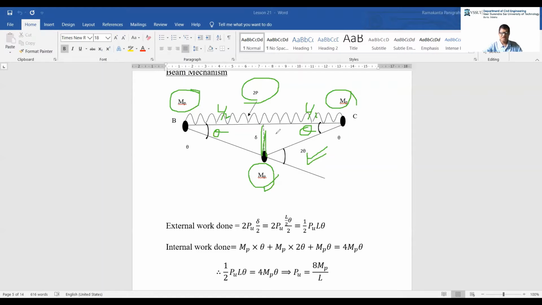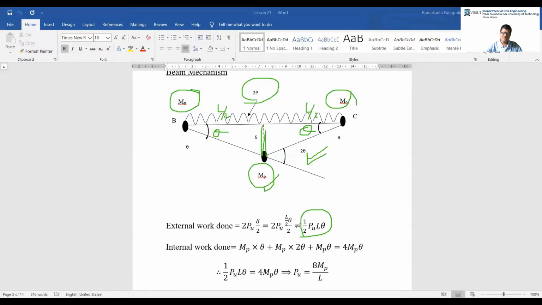Now, what is your external work done? The total load is 2P. It will take 2P, the total UDL, and average delta by 2. Delta by 2 means delta is equal to L by 2 into theta. L by 2 theta, so the 2 cancels, and it becomes half PL theta.